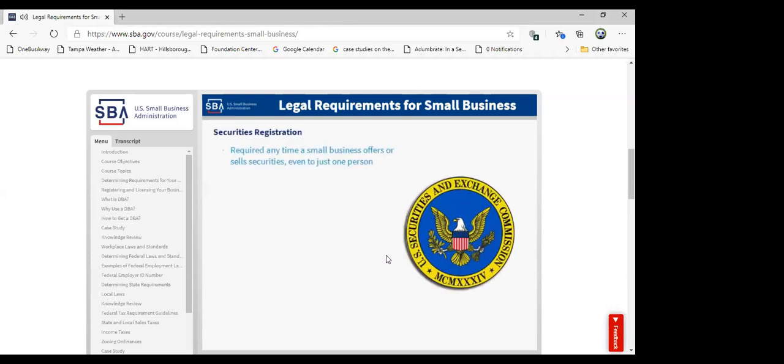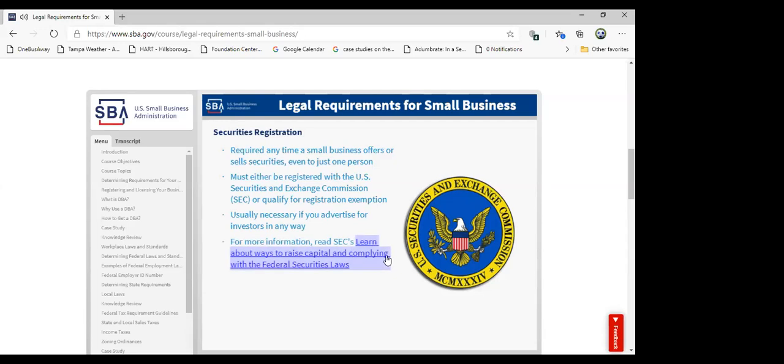continue on. Anytime a small business offers or sells securities, even to just one person, the offer and sale must either be registered with the U.S. Securities and Exchange Commission, SEC, or qualify for one of the registration exemptions provided under the Securities Act. Registration is usually necessary if you advertise for investors in any way.